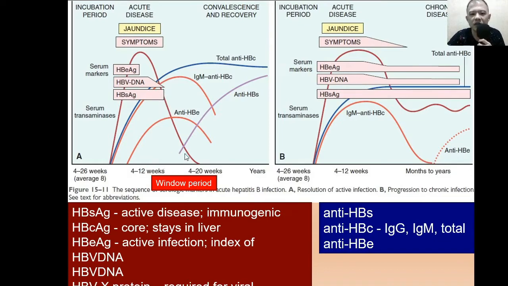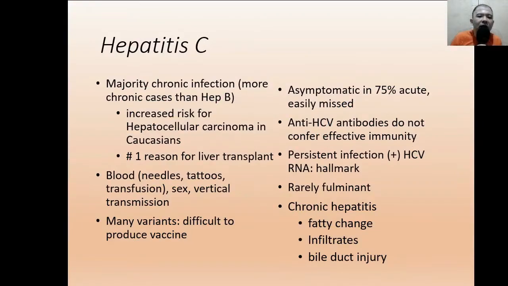Then much later you have the antibody to the surface antigen. So you don't see an overlap between the antigen and the antibody. So this only applies in the hepatitis B. For details, we will discuss this in detail in ClinPath. So don't worry. So hepatitis C.